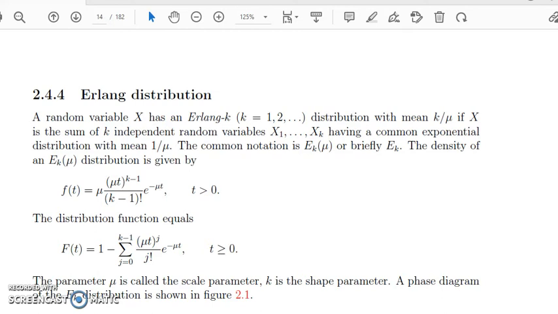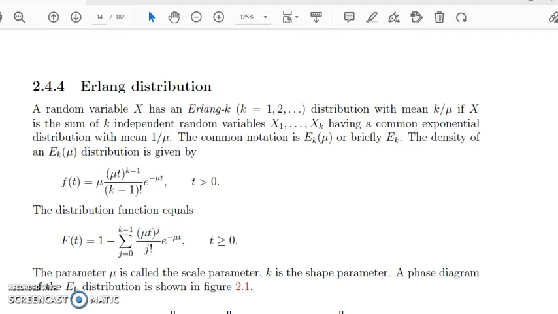The density of an Erlang k distribution with parameter mu is given as mu times (mu t) raised to the power k minus 1 over (k minus 1) factorial, times e raised to the power minus mu t. The distribution function is equal to 1 minus the summation of (mu t) raised to the power j over j factorial, times e raised to the power minus mu t.